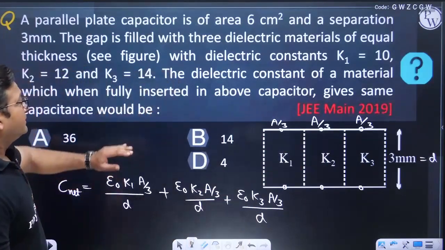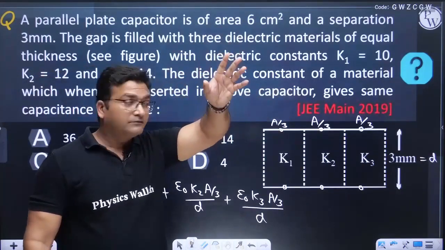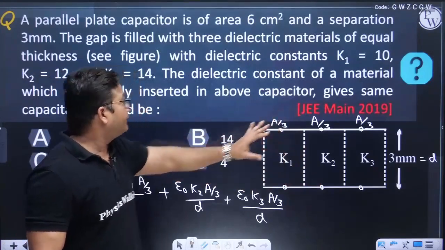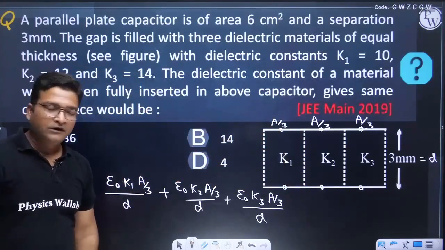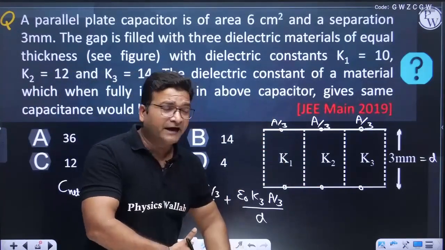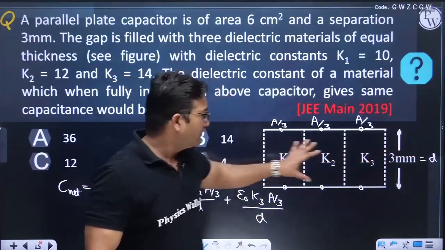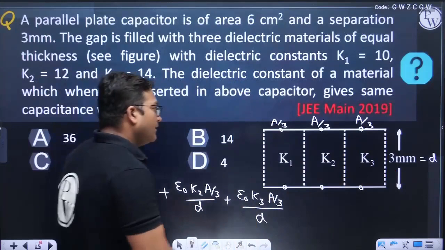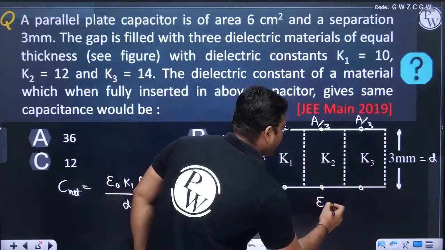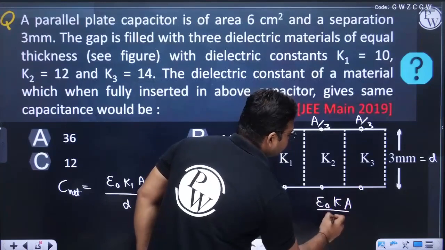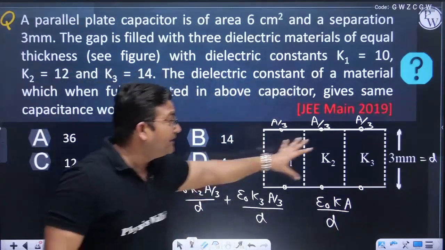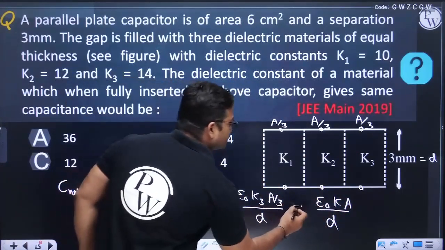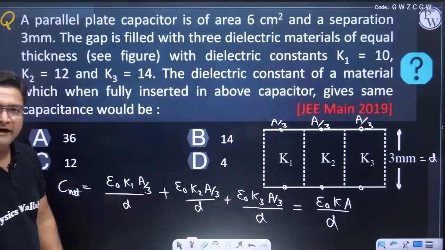Now they are saying the dielectric constant of a material which, when fully inserted in the above capacitor, gives the same capacitance. So now please assume that a uniform dielectric is placed in the space between the plates, and then the capacitance would be epsilon naught K A by d, because it fills the entire area. And now if this capacitance is the same as the old one, these two should be equal.